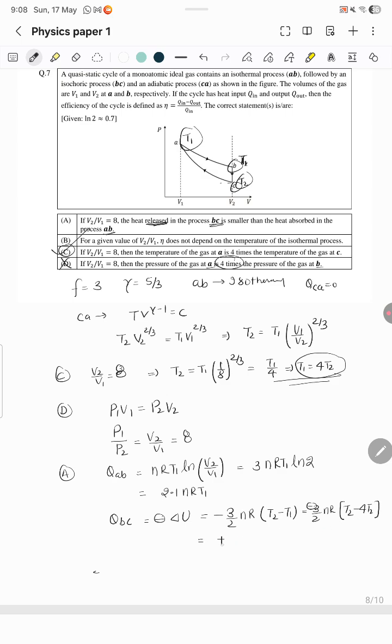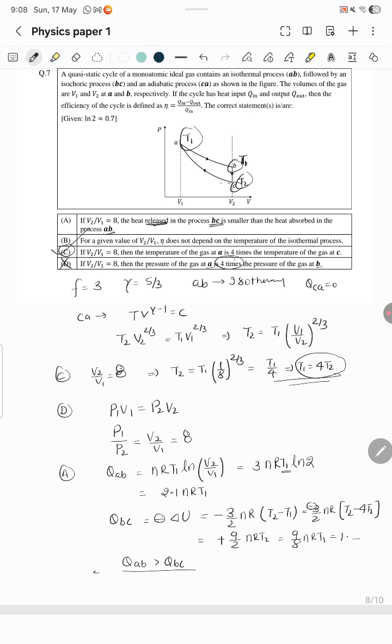So this is minus or plus, we can say 9/2 nR T2. But again we need to compare with T1, right? So if I put the value of T2 in terms of T1, we'll get 9/8 nR T1. And of course 9/8 is 1 point something, right? So from here we can say that this QAB is actually greater than QBC.